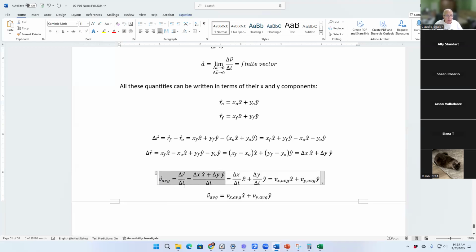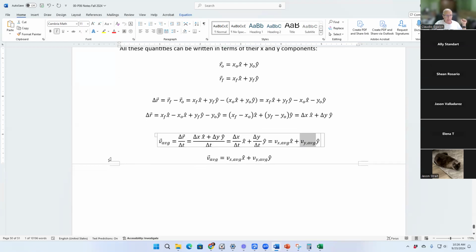The average velocity can be broken down into x and y components. Delta x over delta t is the average velocity along the x direction. Delta y over delta t is the average velocity along the y direction. And the same can be said about the other quantities as well.